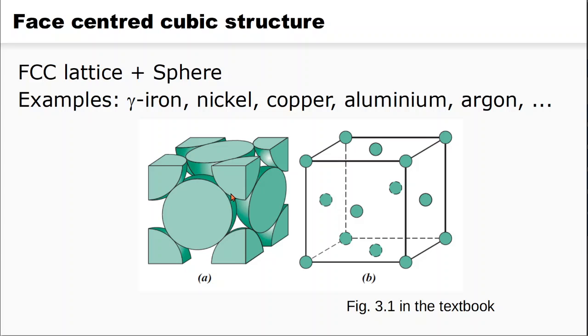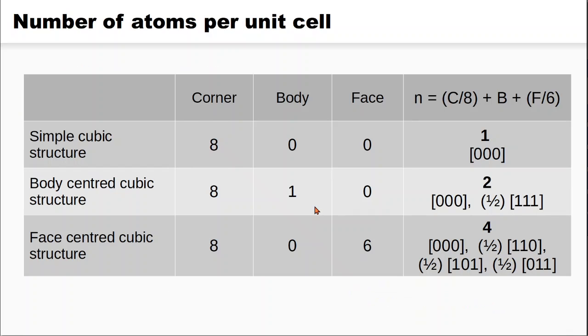Examples include metals such as gamma iron, nickel, copper, aluminum, and also noble gas elements such as argon. A key characteristic that you are all familiar with is the number of atoms per unit cell. This table summarizes the results for the three cubic structures we have discussed so far.